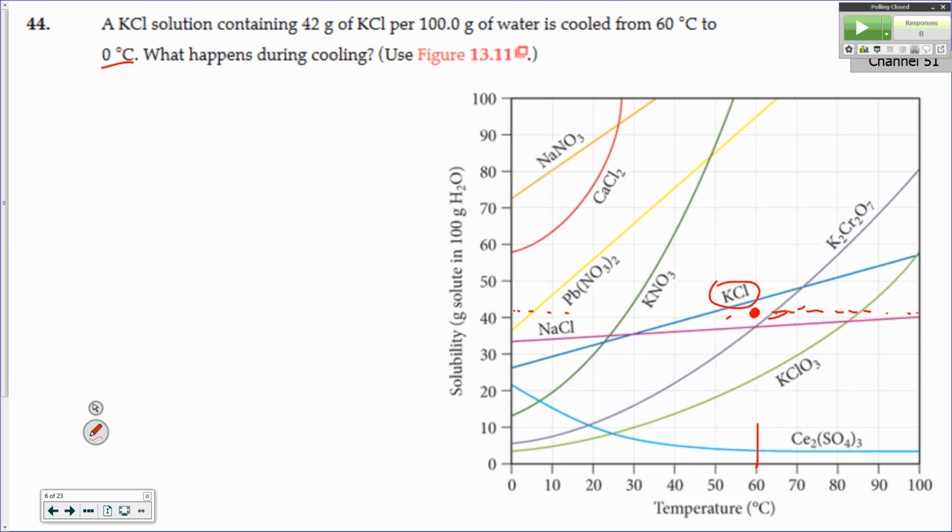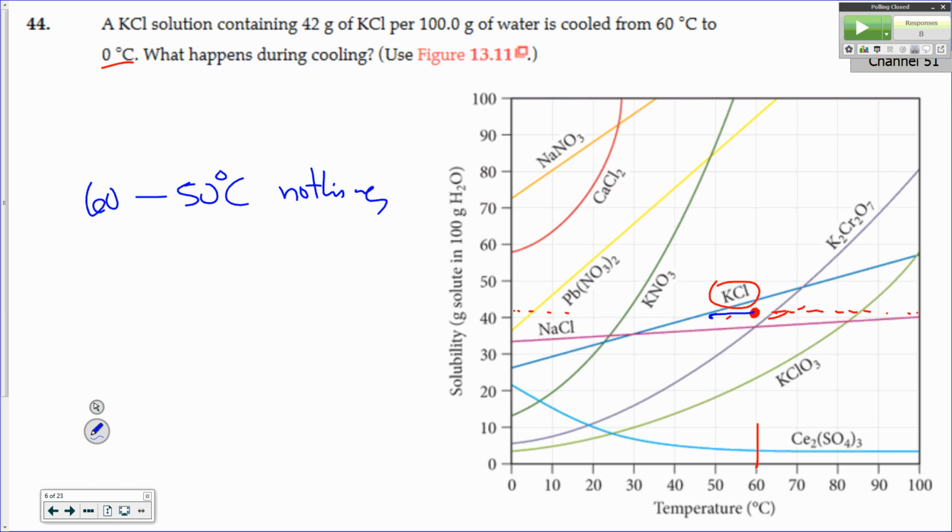All right, so we start to cool it. We don't change the amount of the solute that's there. All we're doing is changing the temperature. And as the temperature goes from 60 to about 50, nothing happens. So as we cool from 60 degrees to 50 degrees, nothing.